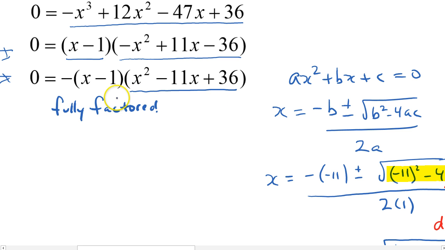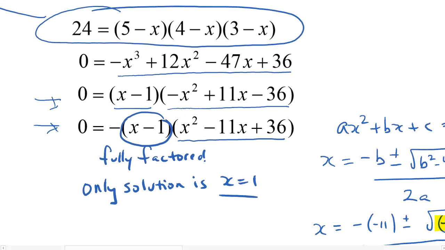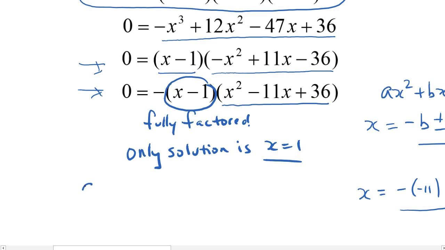If we were to graph this, the only place that it would cross the x-axis is at x equals 1. So the only solution is x equals 1, from this factor right there. Now let's see, would it work if we put in x equals 1? So we can do a check here.